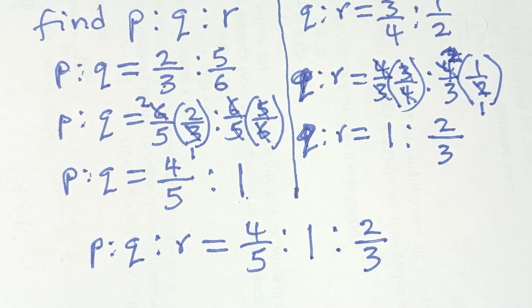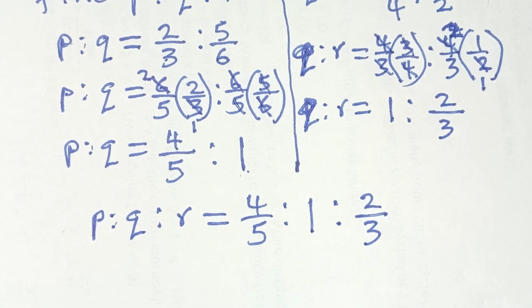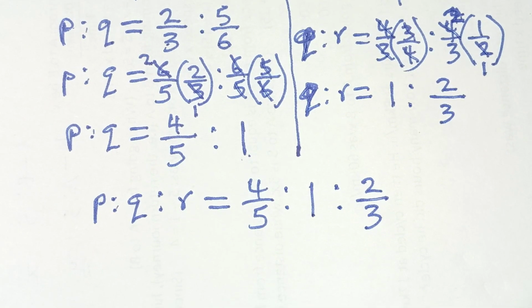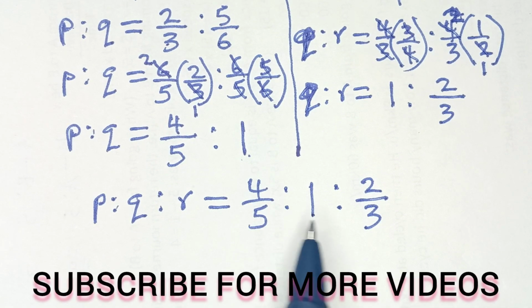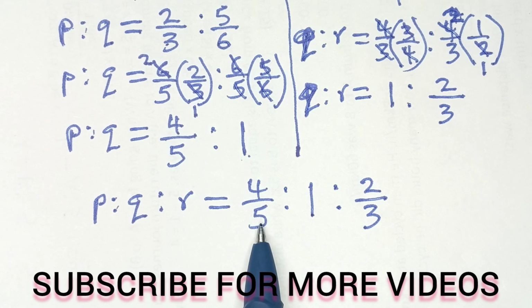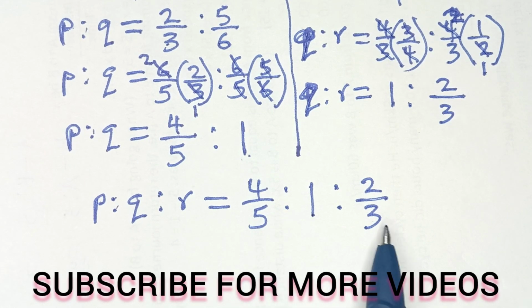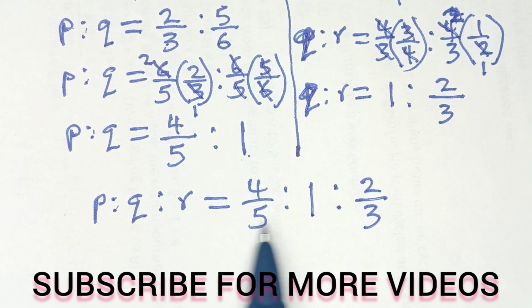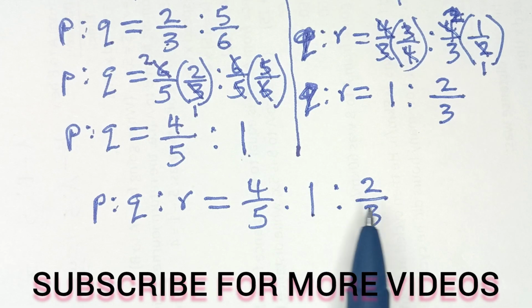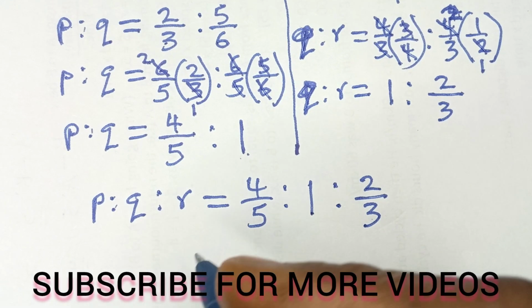But I can go one step further by expressing this ratio as a whole number. So for me to express the ratio as whole numbers, what I'm going to do is to multiply by the LCM of these two numbers. This is 5 and 3. Their LCM is 15, or their common denominator is 15. So I'm going to multiply each of the ratio by that 15 so that I can have a whole number ratio.